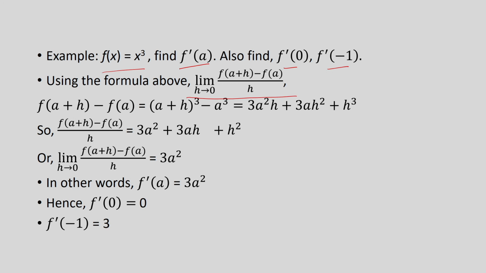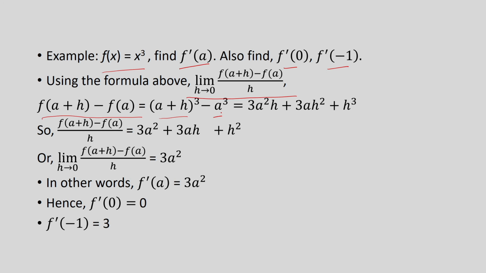Now, let us first concentrate on the numerator. What is the numerator in this case? The form of the function is x cube. So, instead of x I am writing a plus h. So, a plus h whole cube minus f of a, that means a cube.